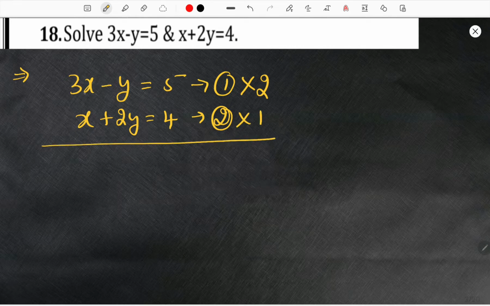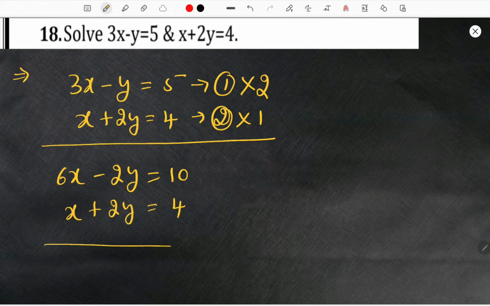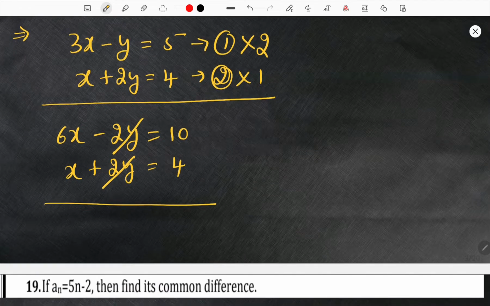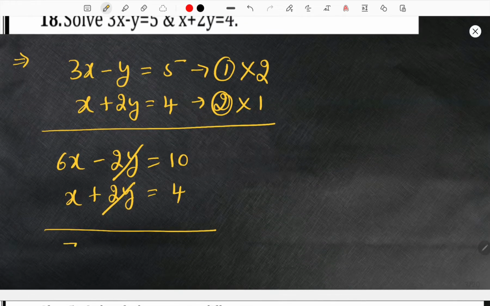So how much it becomes? 3x into 2 becomes 6x, minus y into 2 becomes minus 2y, and that is equal to 5 into 2 is 10. Then similarly x into 1 is x, then 2y into 1 is 2y, and that is equal to 4. Now look at this, minus 2y and plus 2y get cancelled, and 6x plus x is 7x, and that is equal to 14.